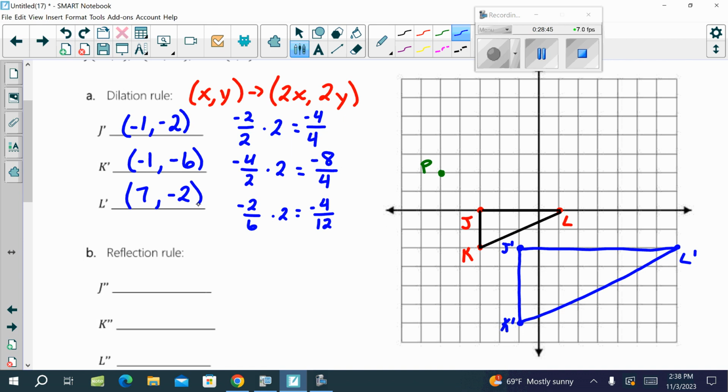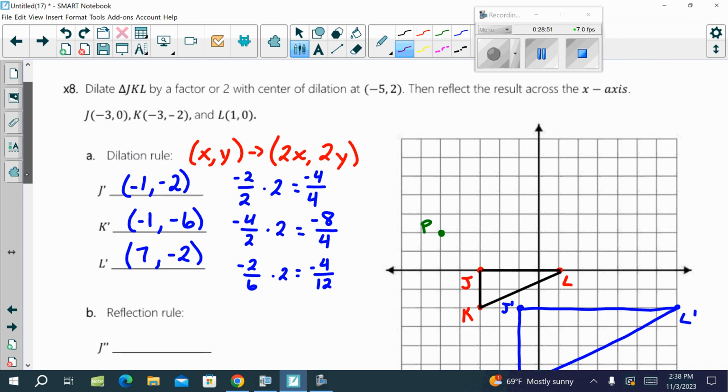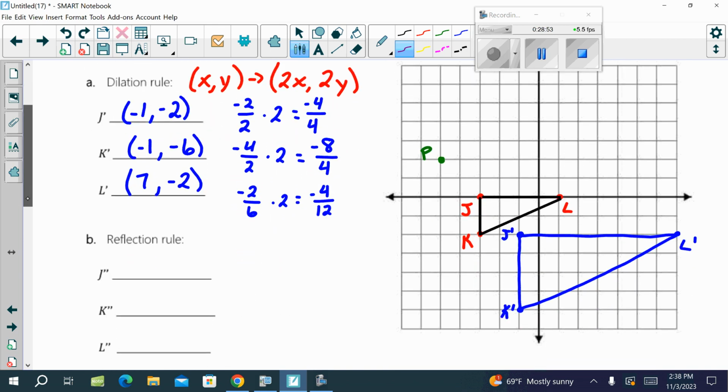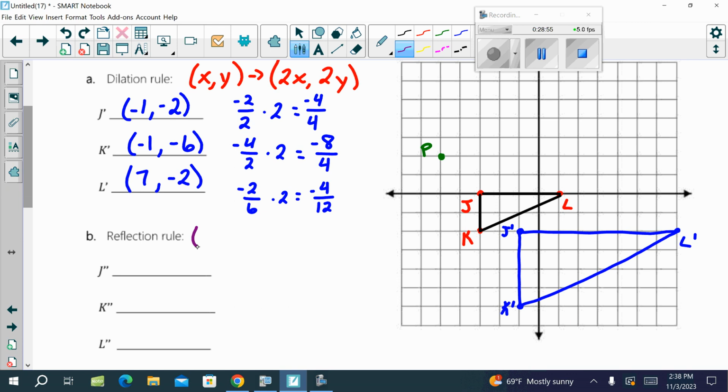So we did the dilation, now we have to do the reflection. So what does the reflection say? X-axis? Who remembers our rule for reflection over the x-axis? Good. X, opposite of y, correct? All right, well this one's easy. Remember x-axis, you can do it 2 ways.